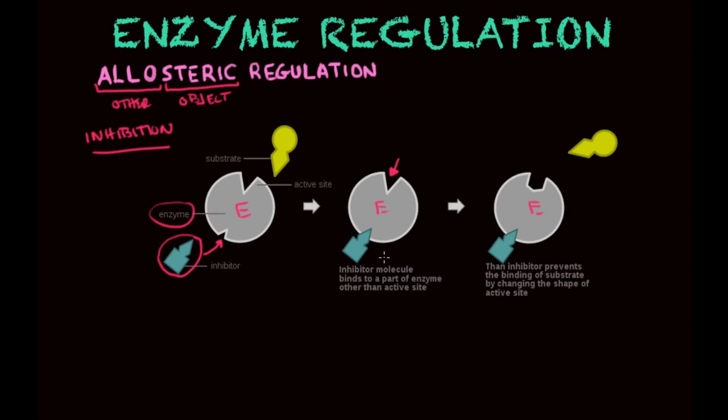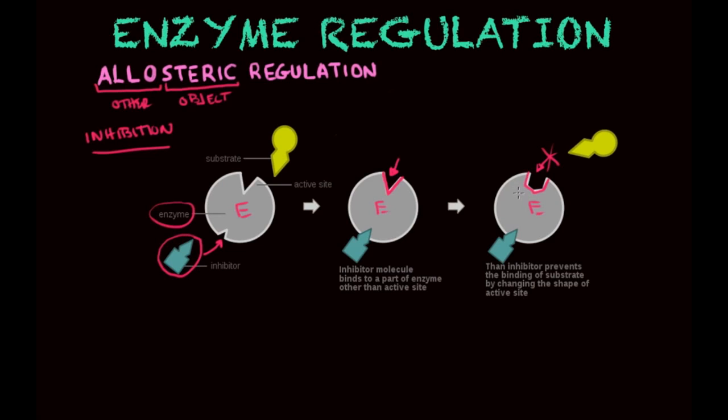So this inhibitor will bind to this allosteric site and will influence this enzyme to change the shape of the active site, as you can see here. And when it does, it will not allow this substrate to bind. So the substrate is not able now to bind to the active site. So this is a form of allosteric regulation.